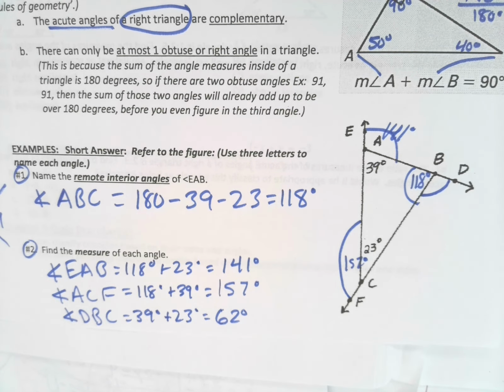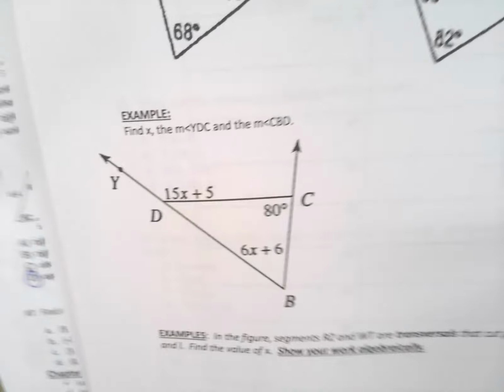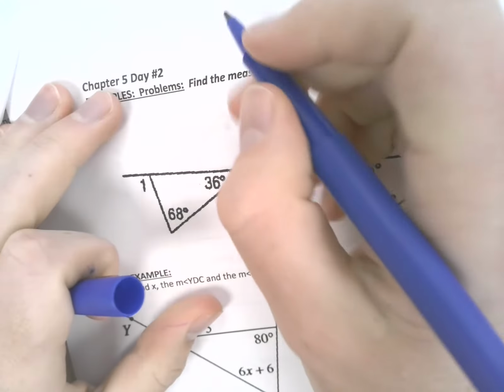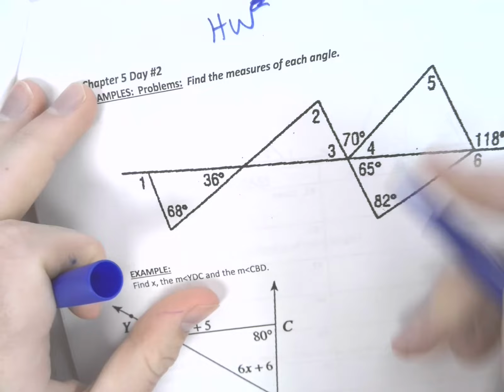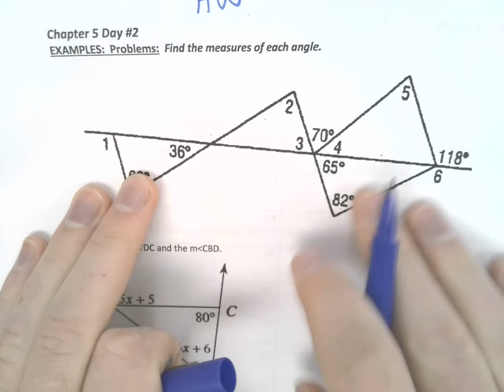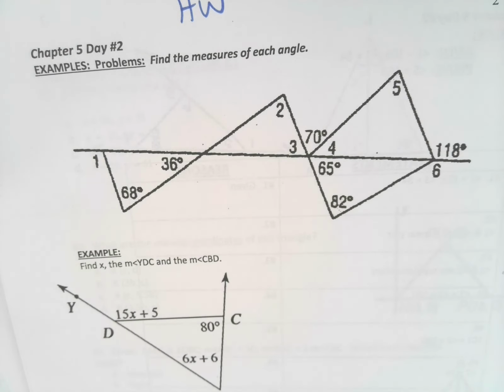So guys, we're gonna actually stop here, and your homework, which it sounds like some of us could maybe use a little bit of practice on, is gonna be on the back page. So our homework, I'm gonna let you guys try. This first one's awesome. I love this problem right here. I'm gonna see how much you guys can do, and if you can't do all this, that's okay.